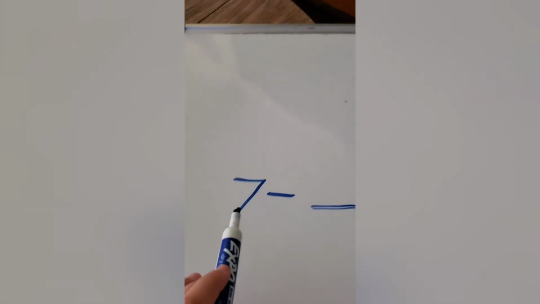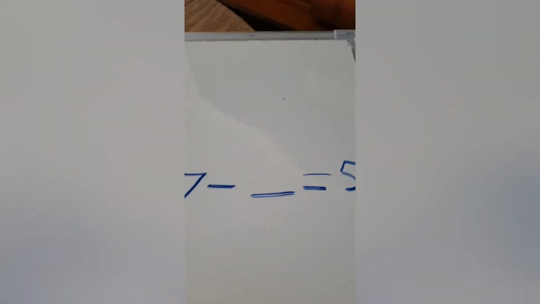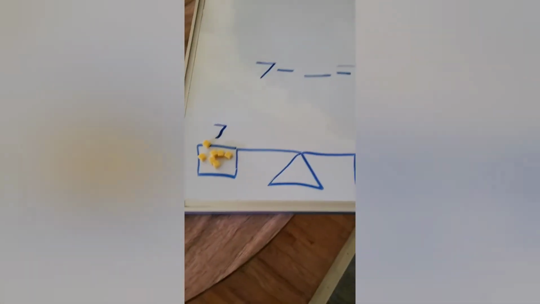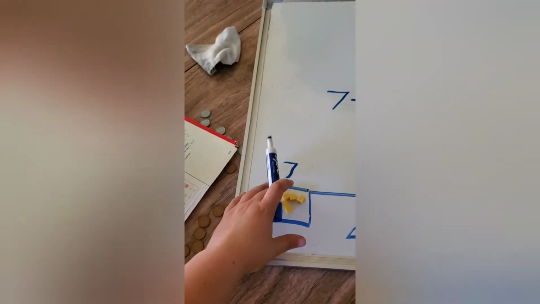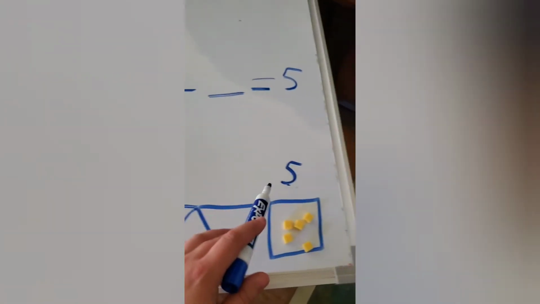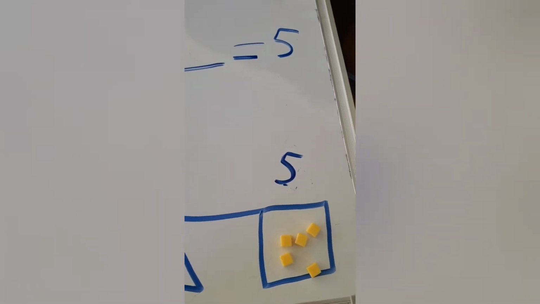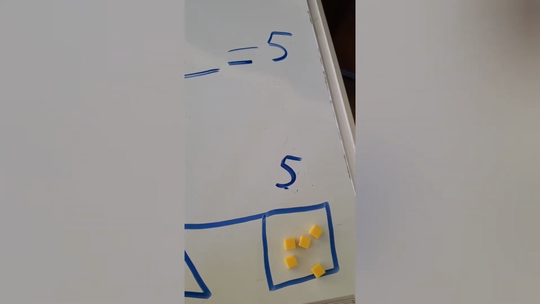So I have an equation here that is 7 take away blank equals 5. So to find this missing number, I put 7 cubes on the left side of the pan, and then I put 5 cubes on the right side of the pan. Okay?